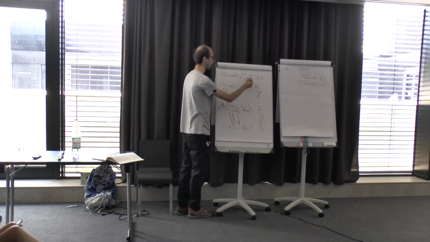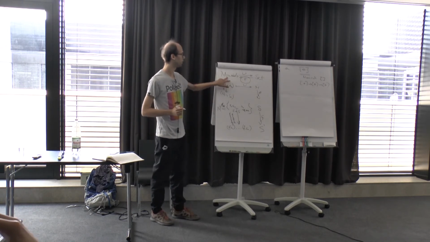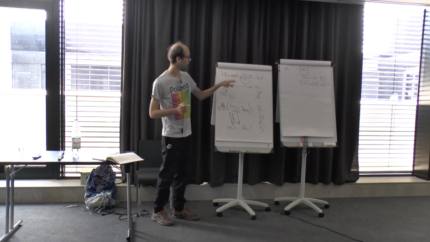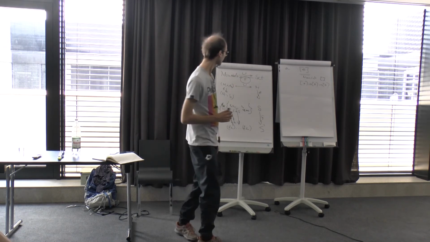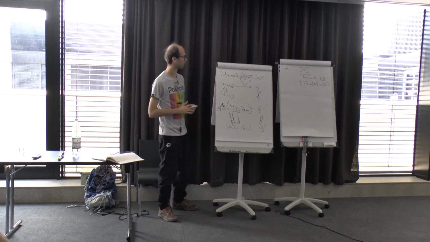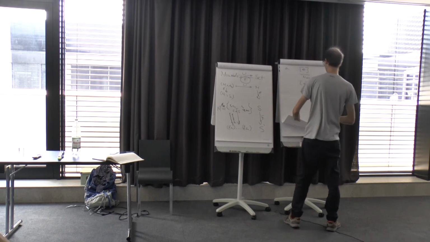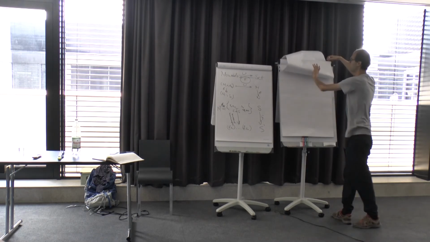Okay, so we actually have this F that constructs a monoid out of a set, and we have the forgetful functor. And it turns out that this is a very particular pair of functors.